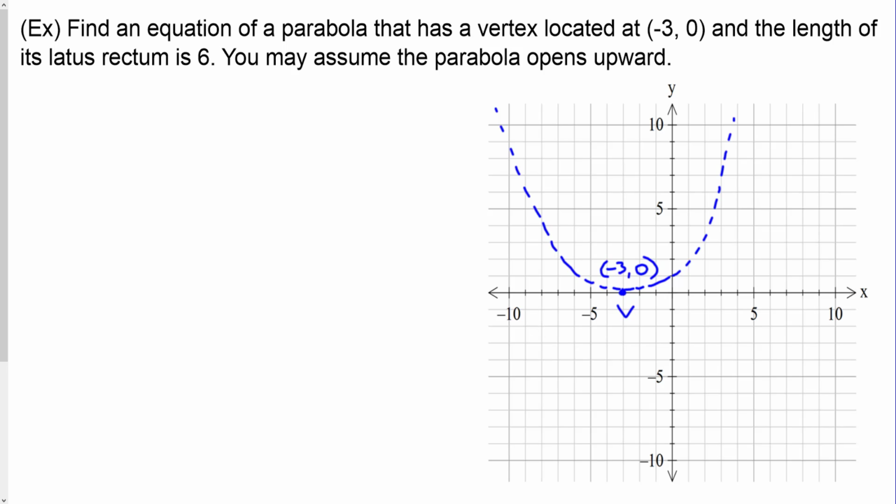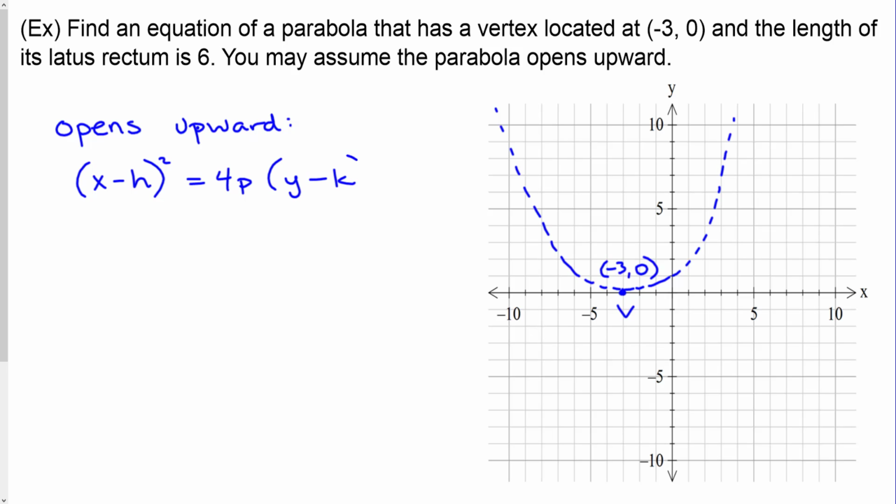If it opens upward, that's actually a really helpful clue. Because that tells us that our equation has to look like x minus h quantity squared equals 4 times p times y minus k. So because it's opening upward, that tells us which of the two variables has to be squared. So that's a big help.